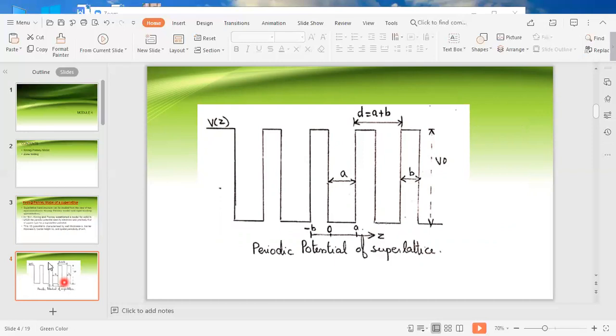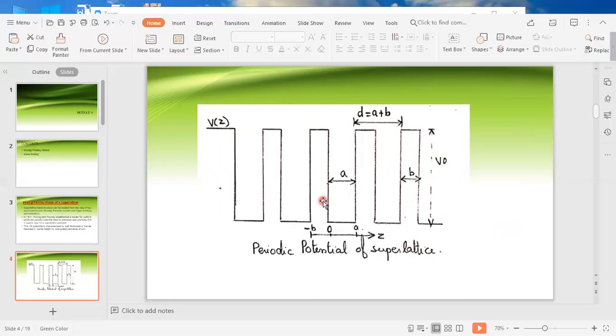Now, in this 1D potential, D is the periodicity of the superlattice potential and D is equal to A plus B, where A is the thickness of the well, and B is the thickness of the barrier.